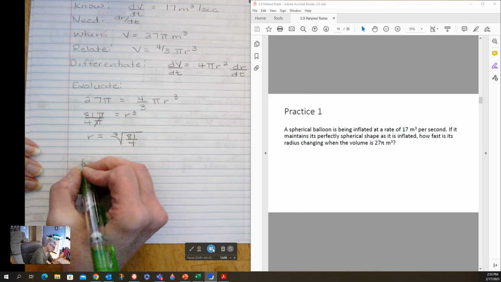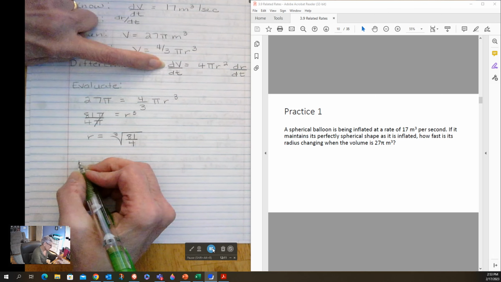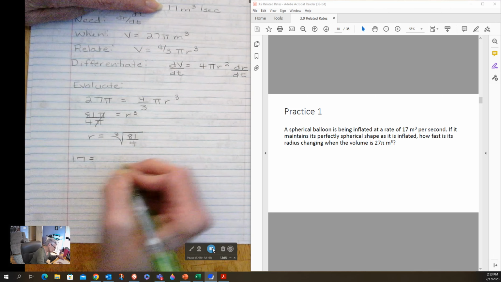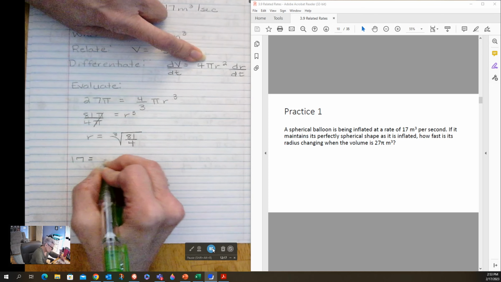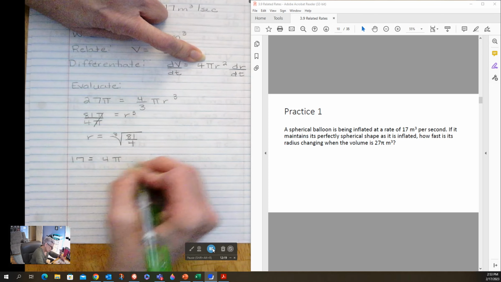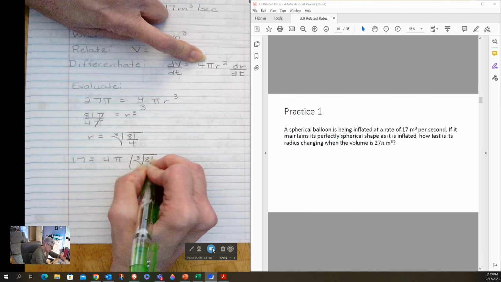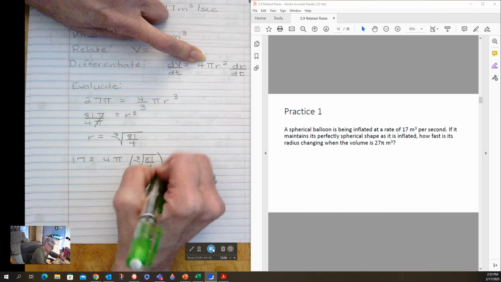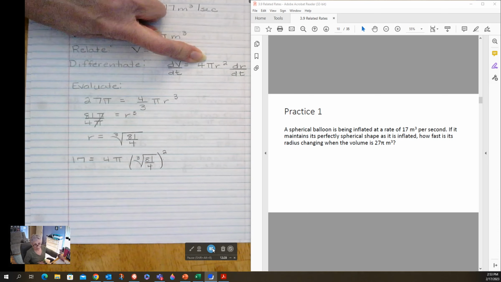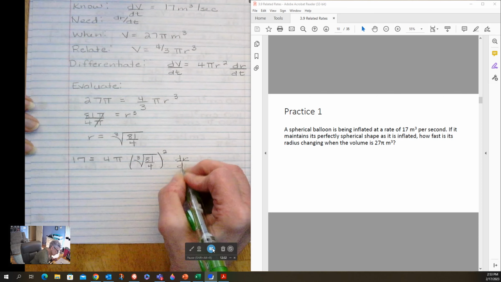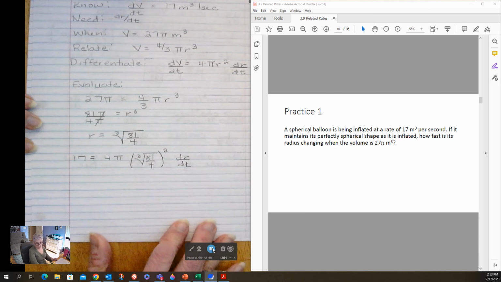So now we're ready to evaluate. dV/dt we know is 17, is equal to 4 pi times the cube root of 81 over 4 squared, dr/dt.